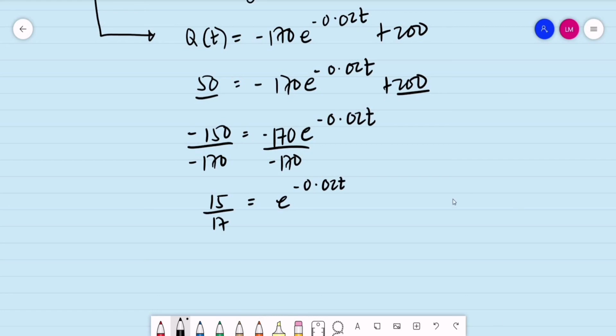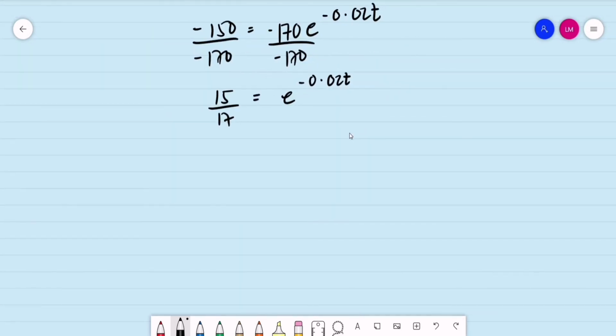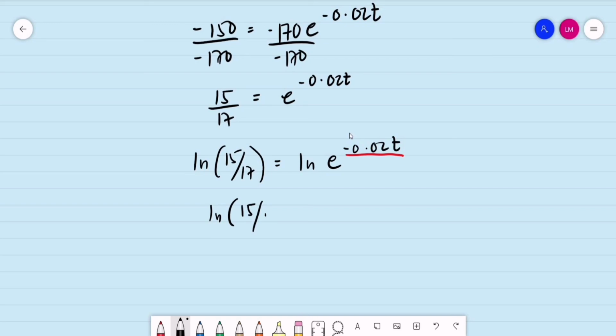To bring down that exponent, we use the natural logarithm. So ln of 15 over 17 is equal to ln of e raised to negative 0.02 times the time t. We bring down the exponent, so ln of 15 over 17 is equal to negative 0.02 of t times ln of e, and ln of e is 1.